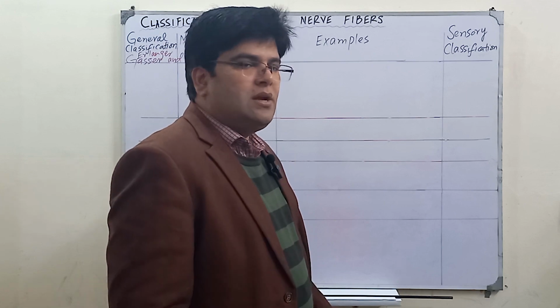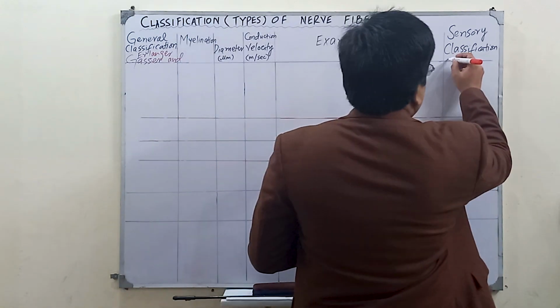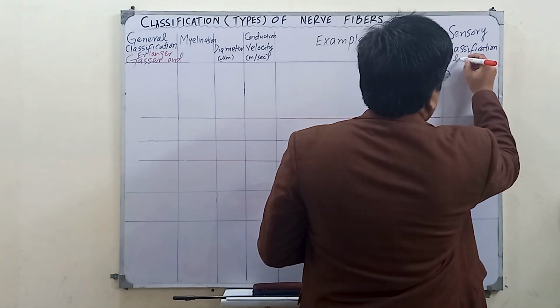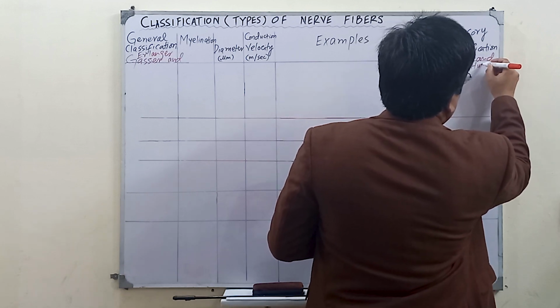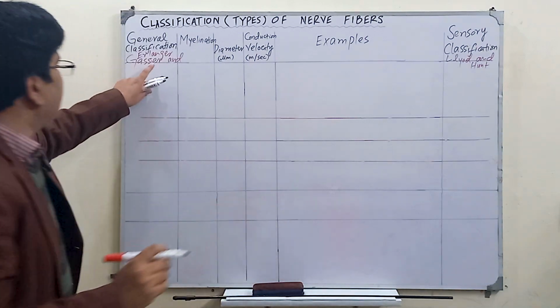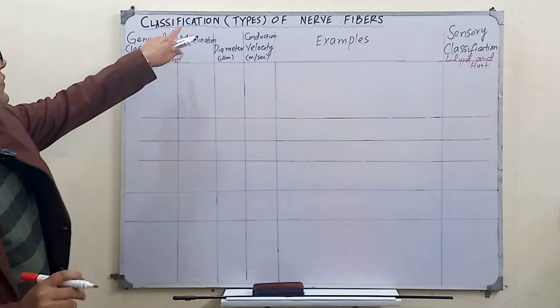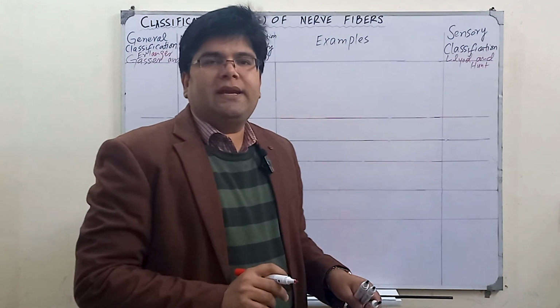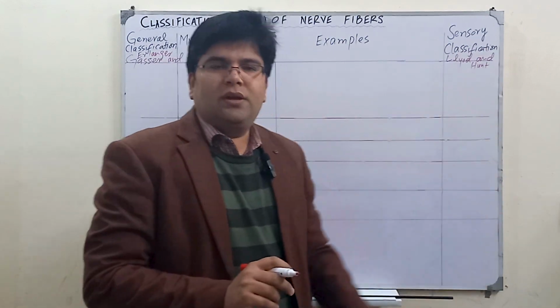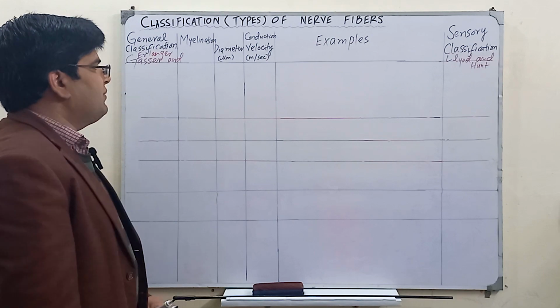This is used by sensory physiologists, and this was described by Lloyd and Hunt. So this is the Erlanger and Gasser system of classifying nerve fibers, and this is the Lloyd and Hunt system of classifying nerve fibers.